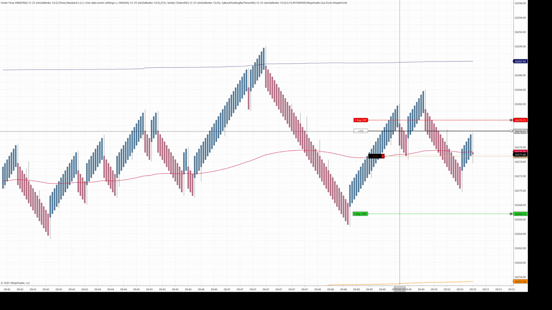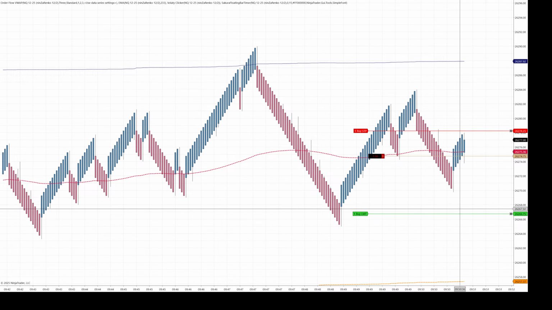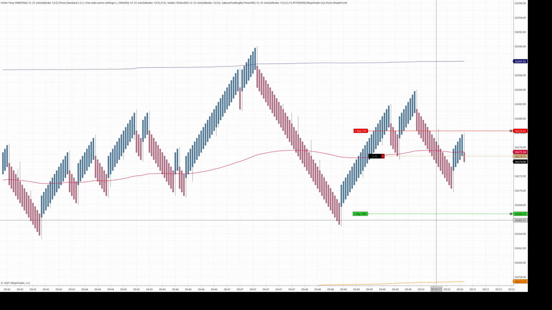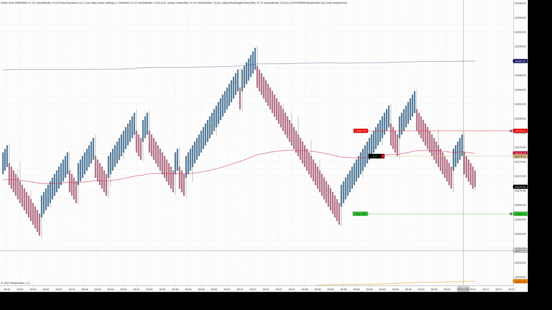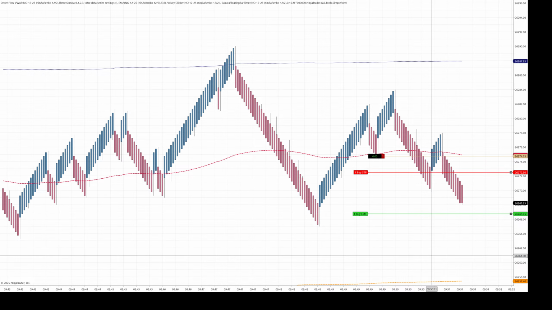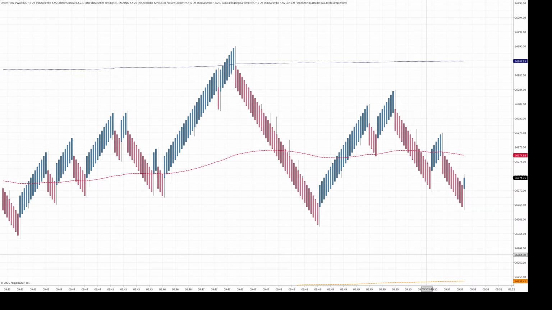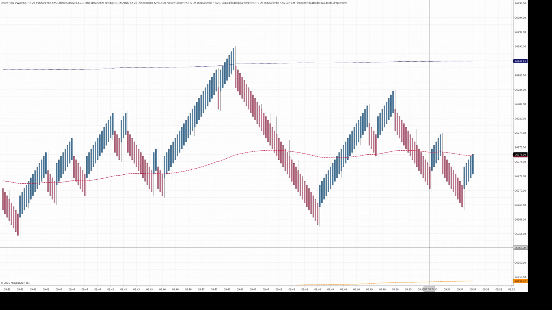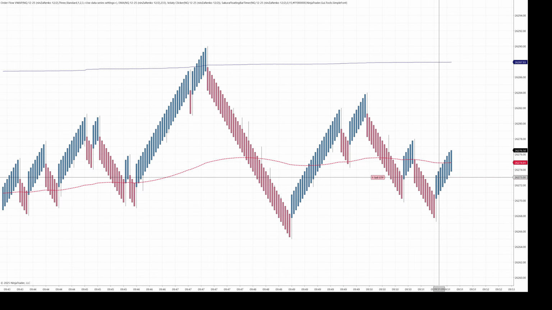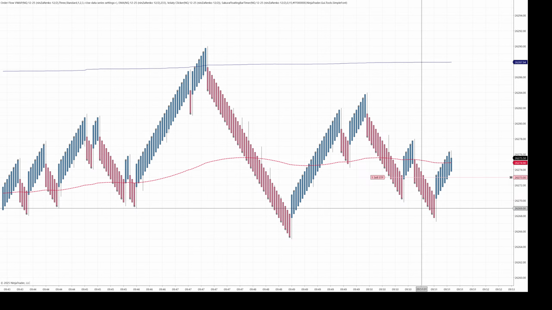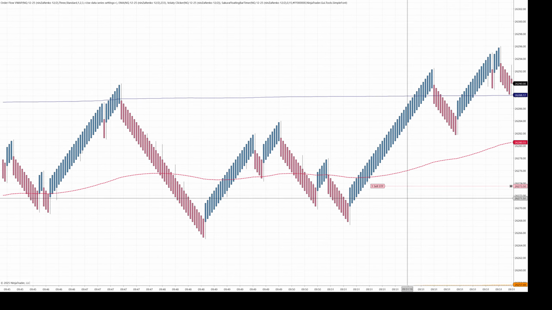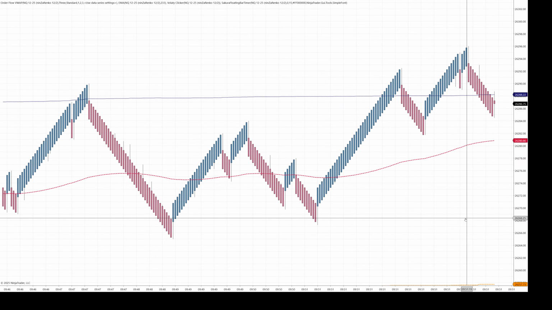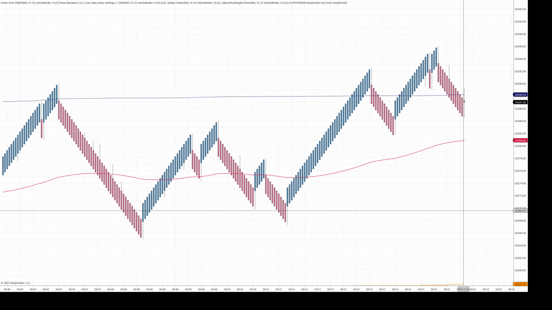This is going to be a bearish signal here. Okay, I don't know what happened then, but we didn't get triggered bearish, so that's okay.